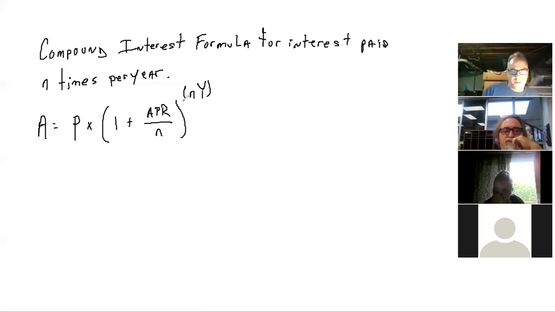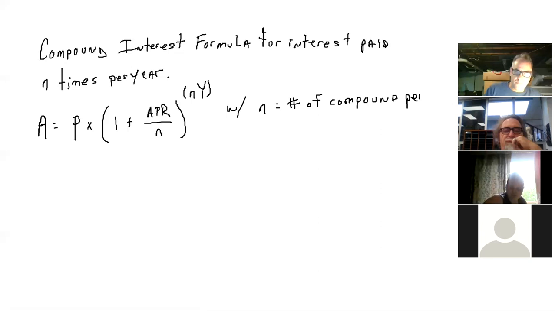And Y is still years. So everything is the same. We'll put in n, which is going to be the number of compound periods in that year.